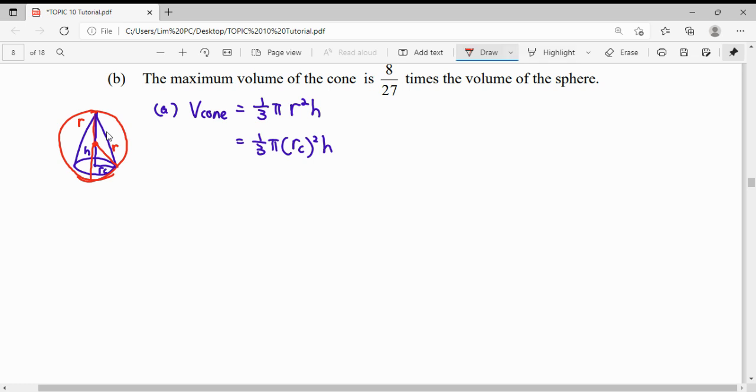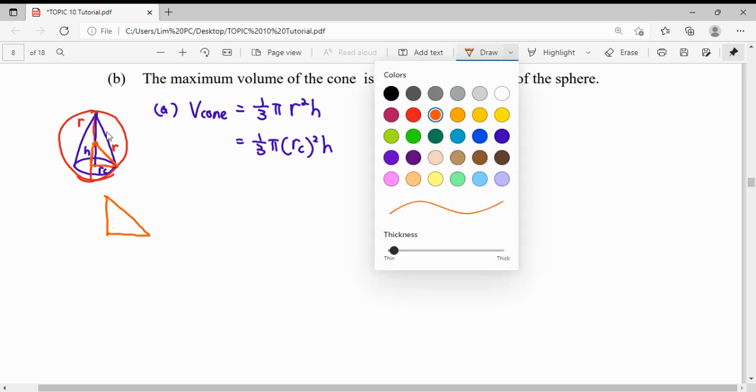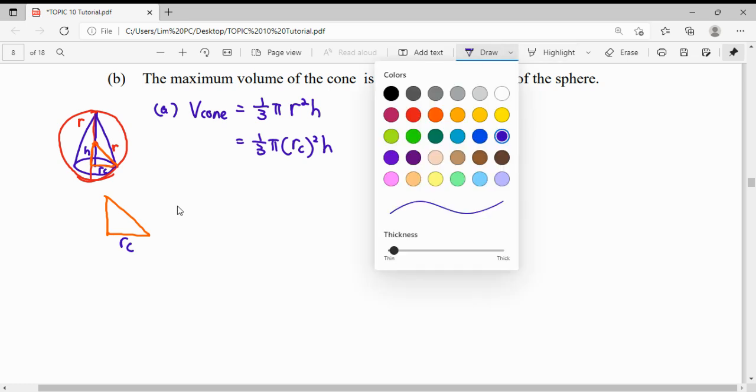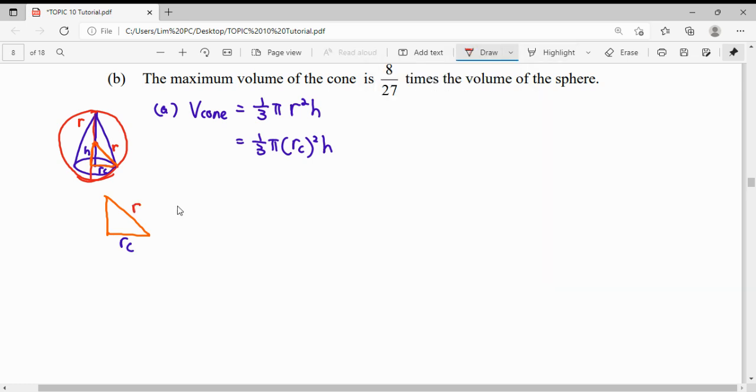So from here we can obtain a triangle, where the base of this triangle is the radius of the cone, the hypotenuse is the radius of our sphere, and the height of this triangle will be our whole height minus our r.